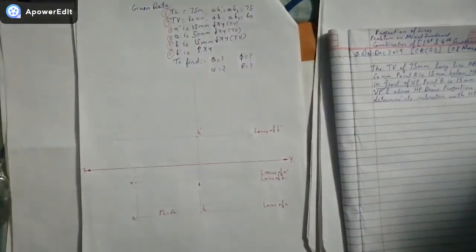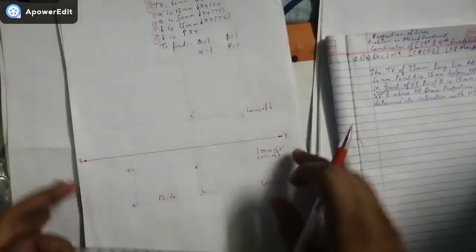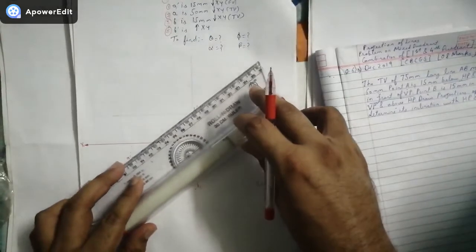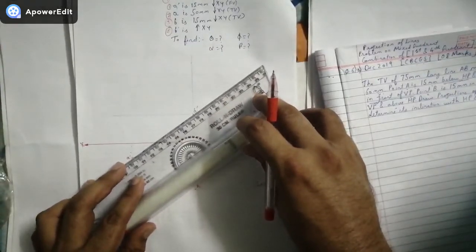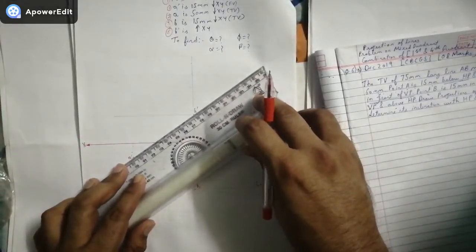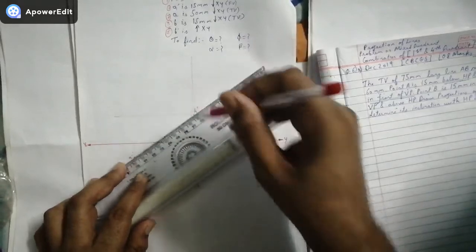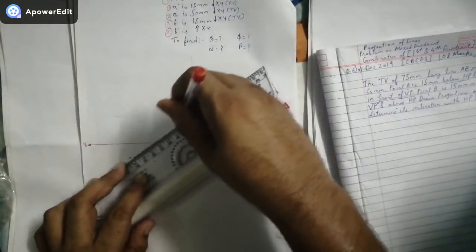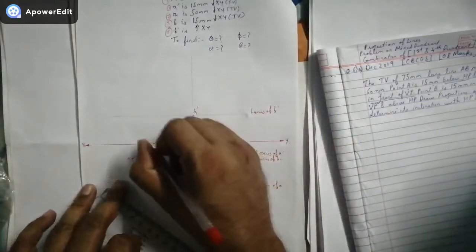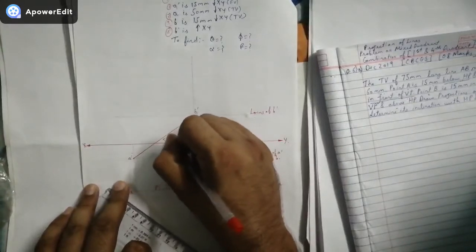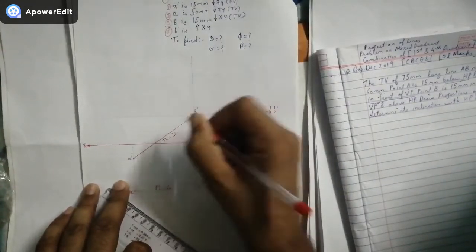We have utilized all these 6 informations. One by one, A dash and B1 dash we have plotted and joined. Now I can join A dash to B1 dash as a medium thick line. Whatever red line I make will indicate a medium thick line. As I draw it like this, A dash to B1 dash, I can mention over here, my dear friends, true length is equal to 75 on this.